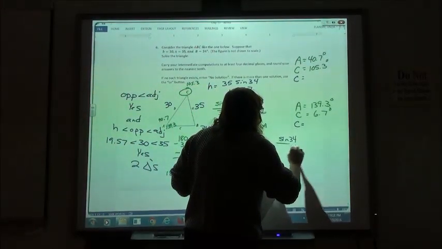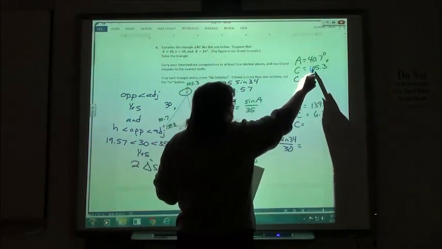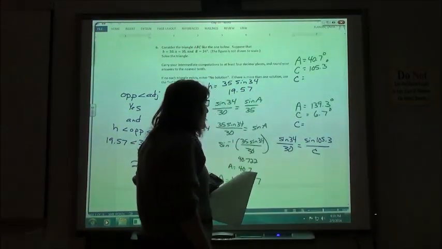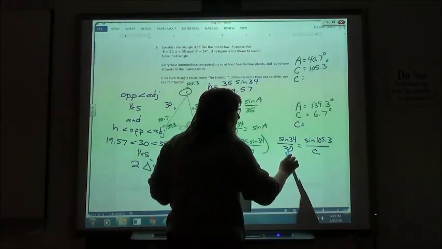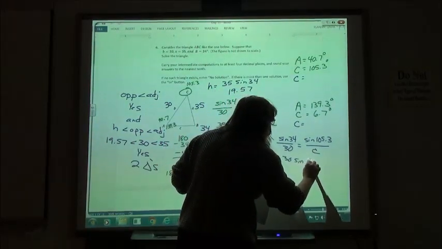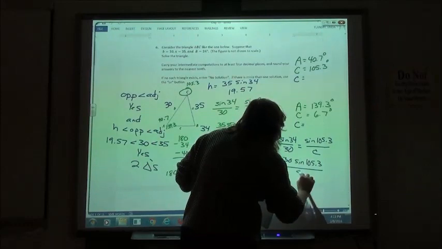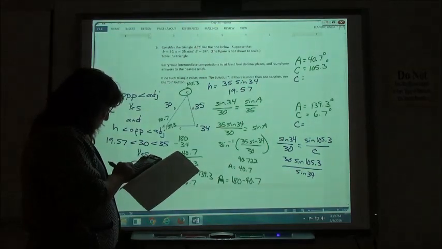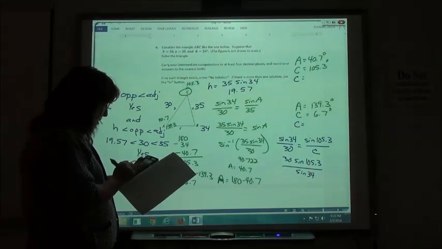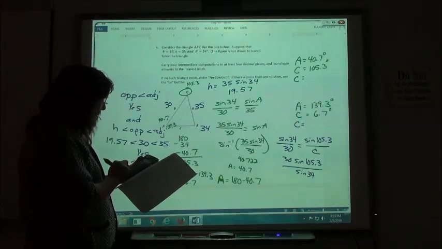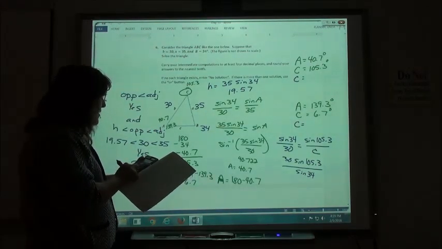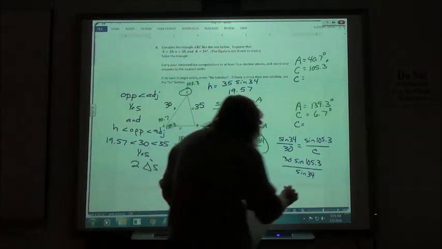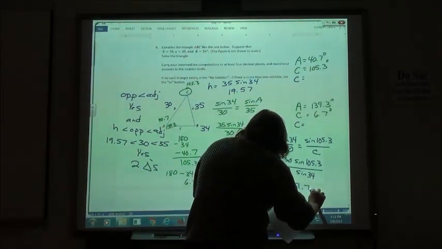Sine of 34 over 30 is going to equal side C, which would be the sine of 105.3 over C. So solving that one, when I cross multiply, I'm going to take 30 sine of 105.3 divided by the sine of 34. 30 sine of 105.3 divided by the sine of 34 gives me 51.747.